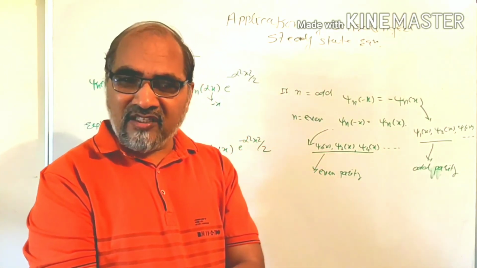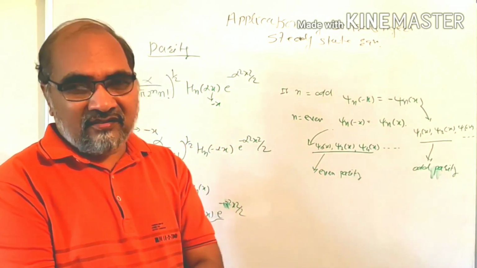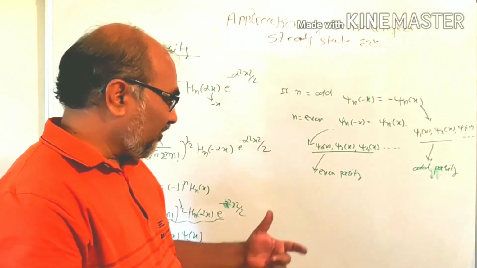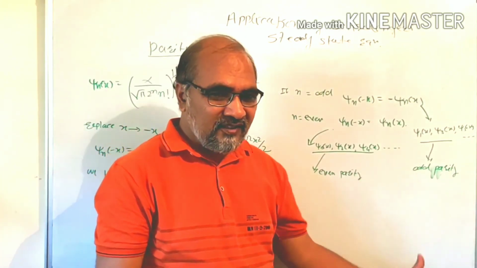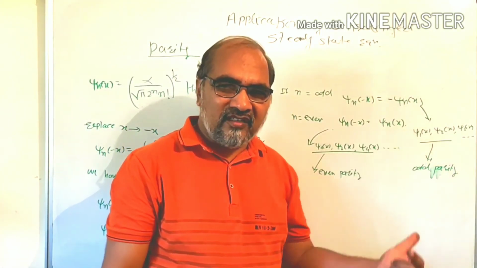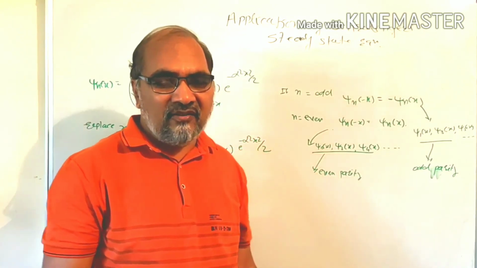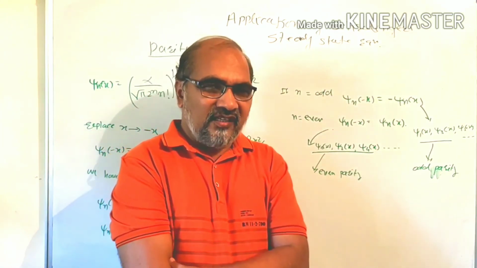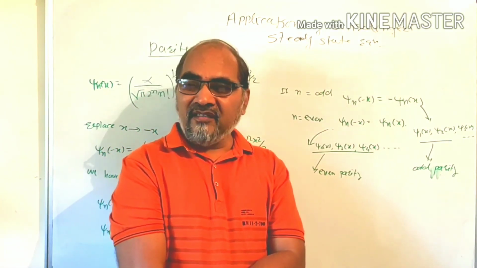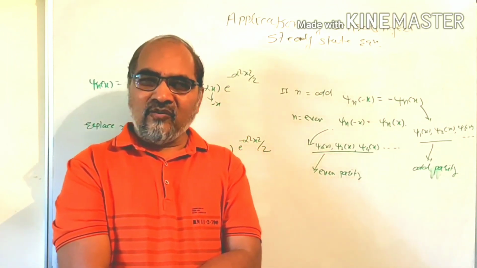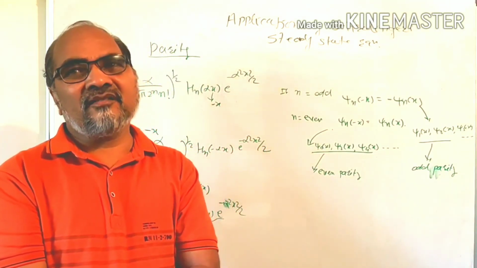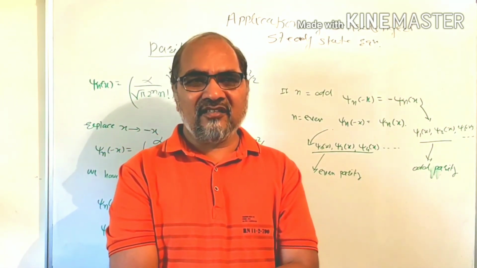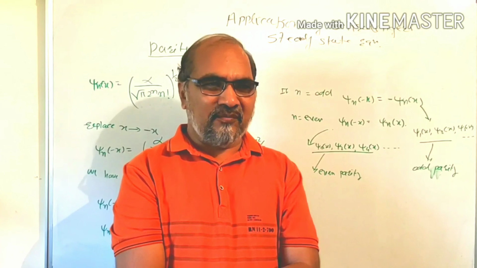Our last one is parity, with even parity and odd parity: in the harmonic oscillator, either even parity wave functions or odd parity functions should be there. I request you all, this is a big article, so go through these three parts separately and then combine them, and at one stroke you can write it from the examination point of view.